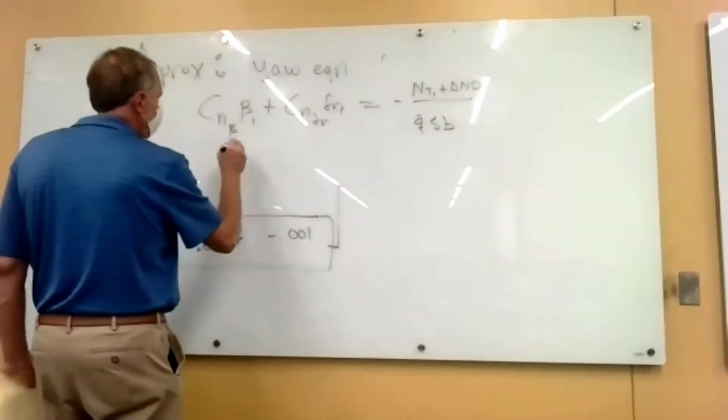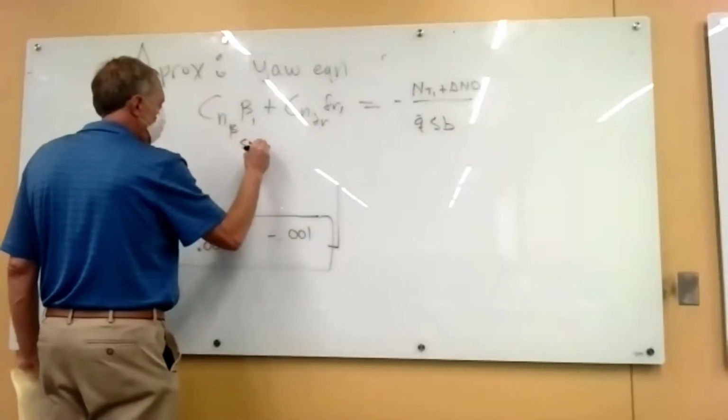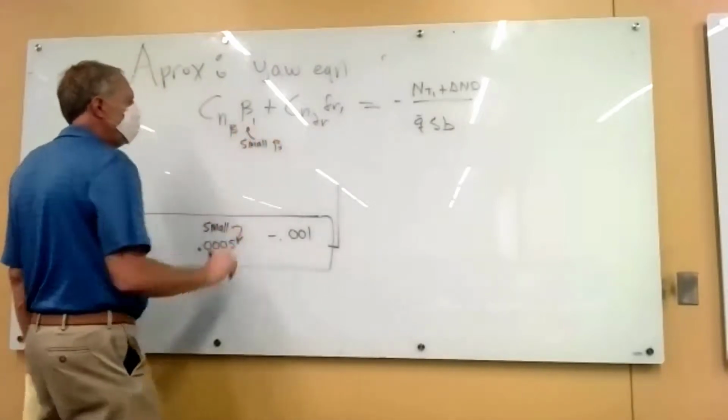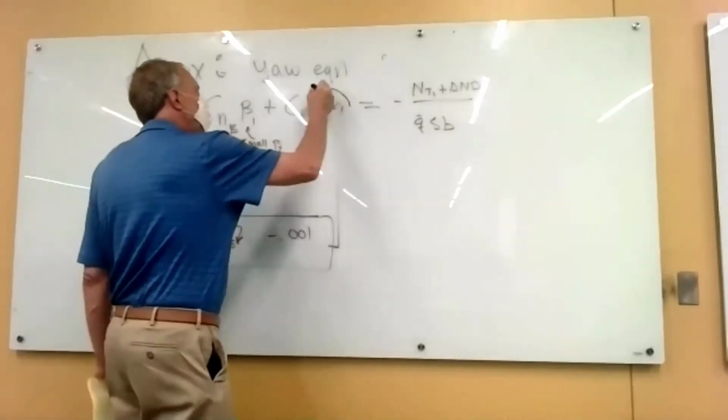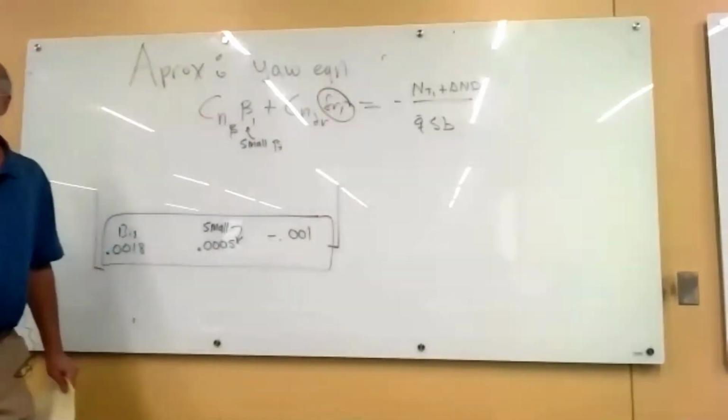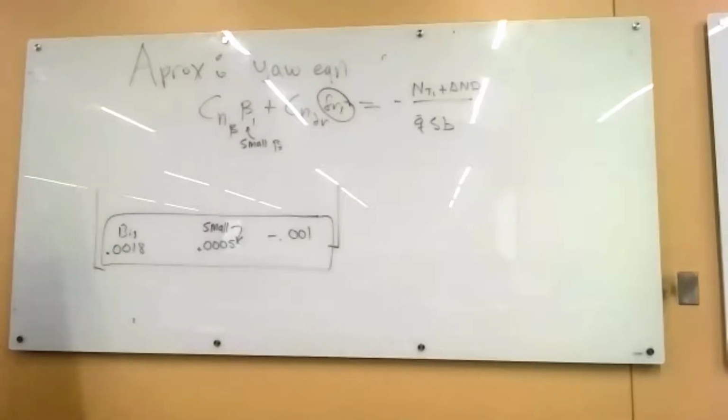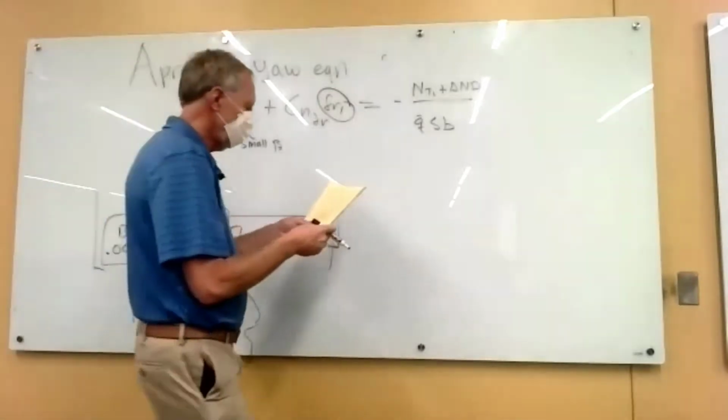And if we say that beta is small, we don't want to fly at a huge beta, then we can use this equation really quickly to solve for the rudder that we need to counteract the yaw.